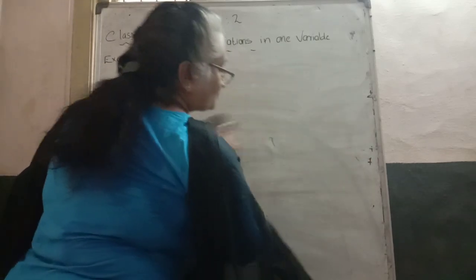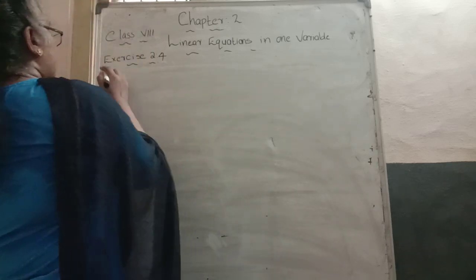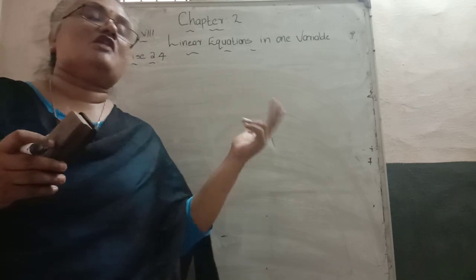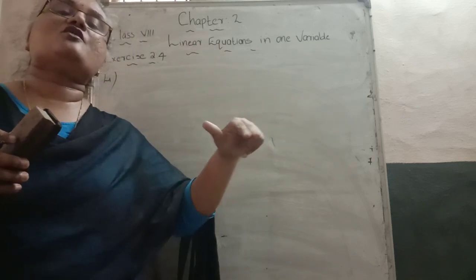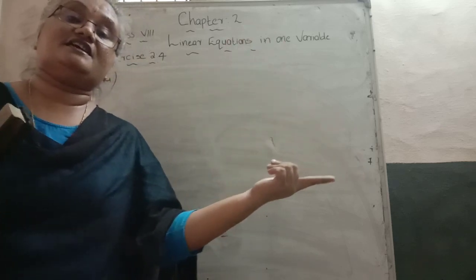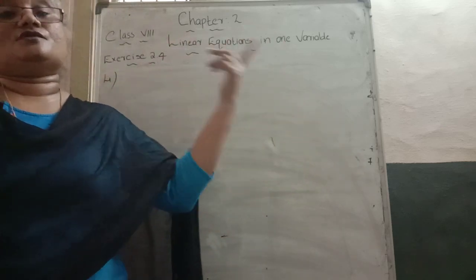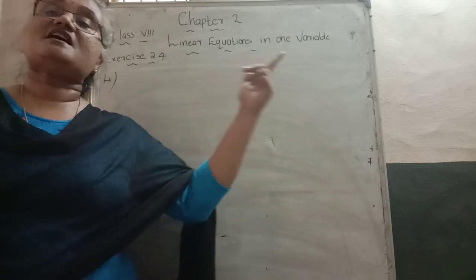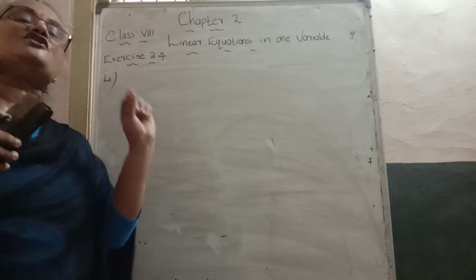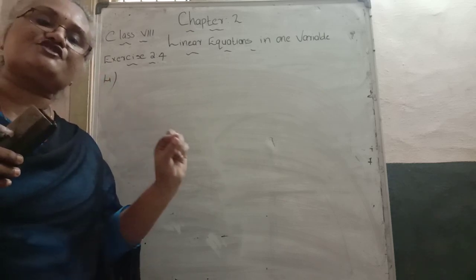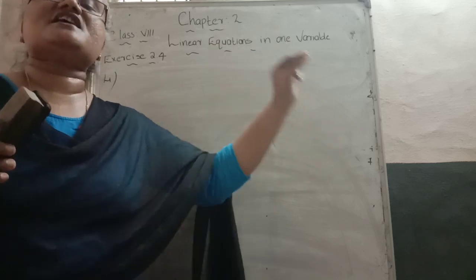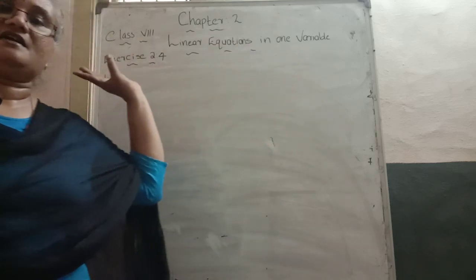Here also in this question they tell about one of the 2 digits of a 2-digit number being 3 times the other number.